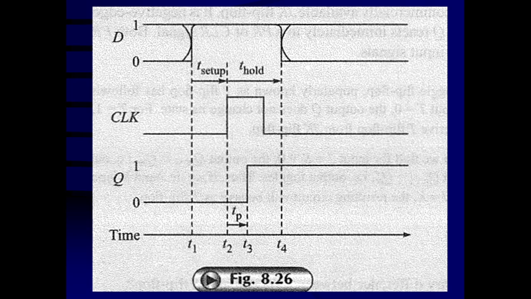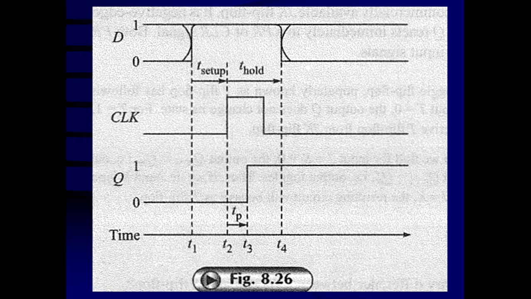That means if you want to store any data, D can be 0 or 1, whatever we want to store, and that can be changed prior to t1, anything. That's why 0 is shown here and 1 is also shown here. But we want to store D equal to 1. So after the time t1, D equal to 1 is made a steady, unchanging level, and that has to be set up when the positive edge occurs.